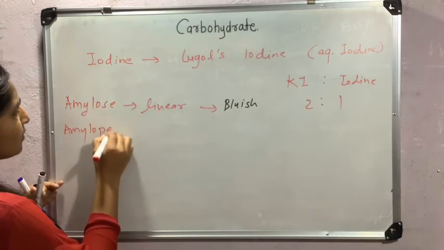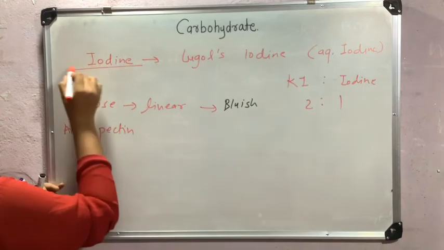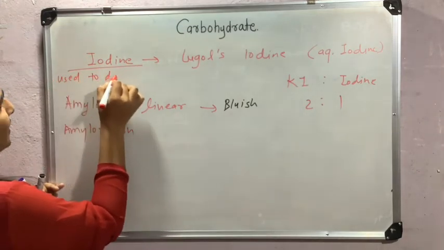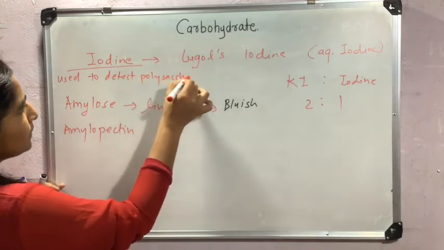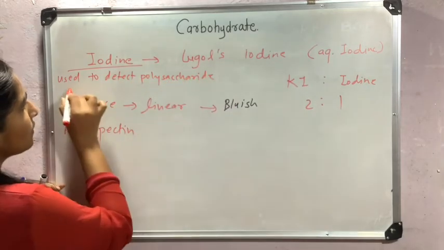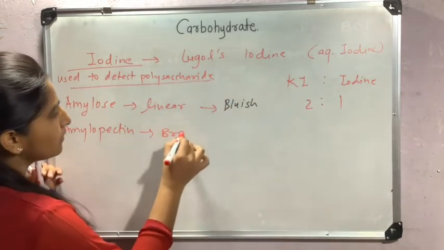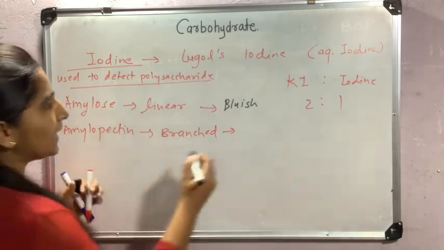Iodine test is used to detect polysaccharides like starch and glycogen. Amylopectin is a branched polysaccharide, and we will get a purple color.